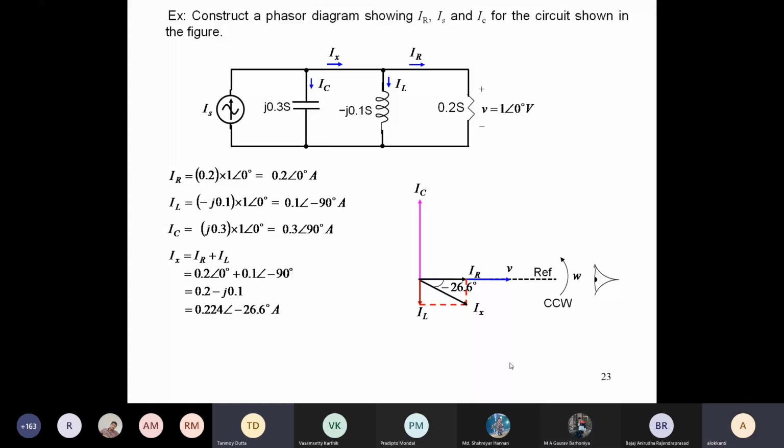Let me see, because my computer has hanged again. Sir, the answer is coming 0.2825 angle 45.06 degrees. So 0.2825 and 45.06 degrees with respect to the reference line, for Is.